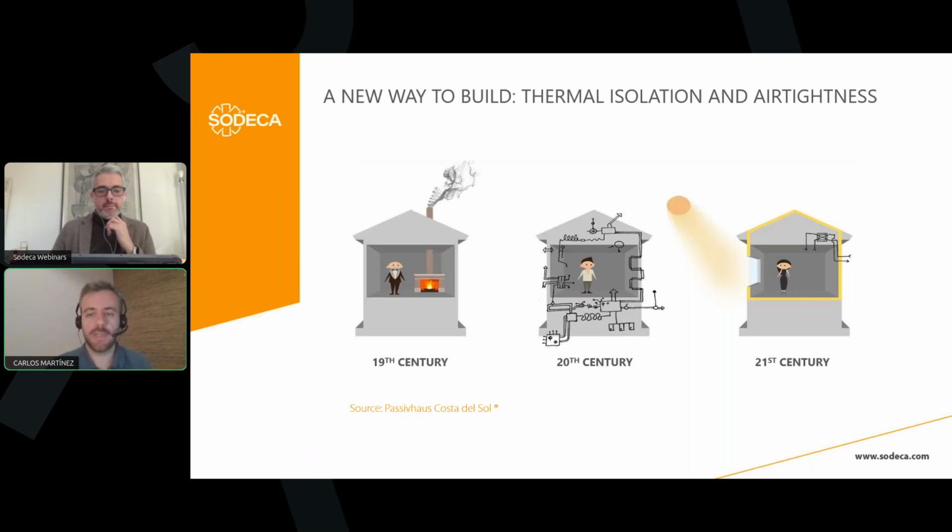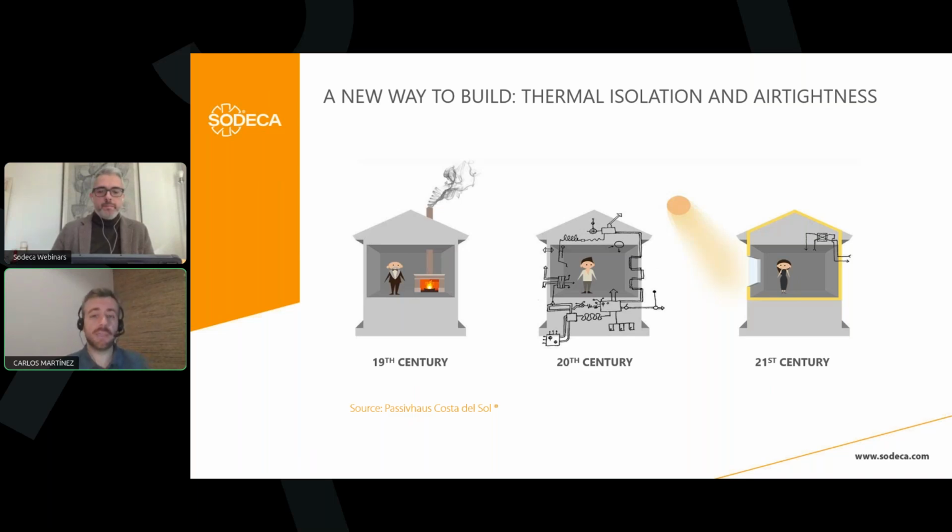Then during the 20th century, with the technological development, buildings became filled with all kinds of systems, all kinds of installations that improved the comfort, really high levels of comfort, really high levels of well-being, but also led to unprecedented energy consumption. We increased the energy consumption inside the buildings in this time much more than in the 19th century.